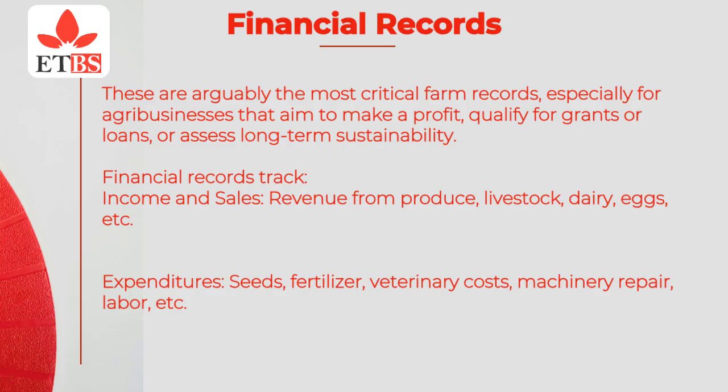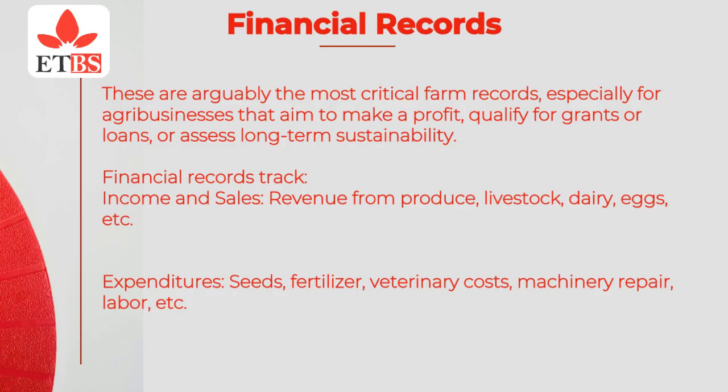Financial records track income and sales: revenue from produce, livestock, dairy, eggs, etc. Expenditures: seeds, fertilizer, veterinary costs, machinery repair, labor, etc. Profit and loss statements: summaries of financial gains and losses over time.